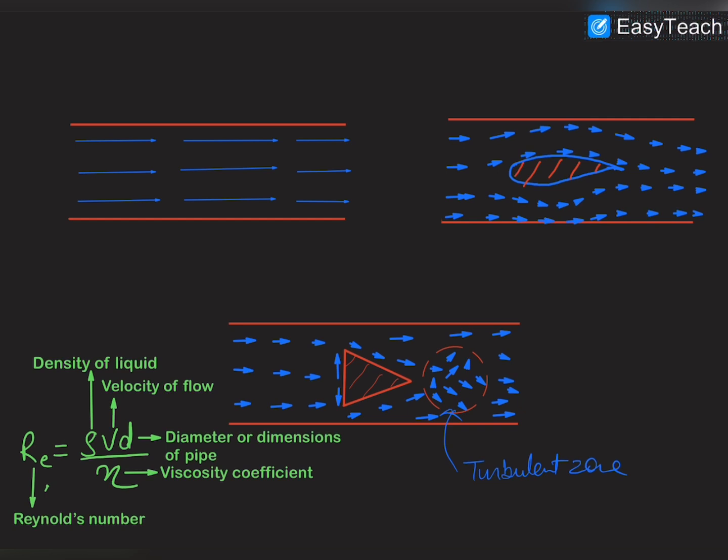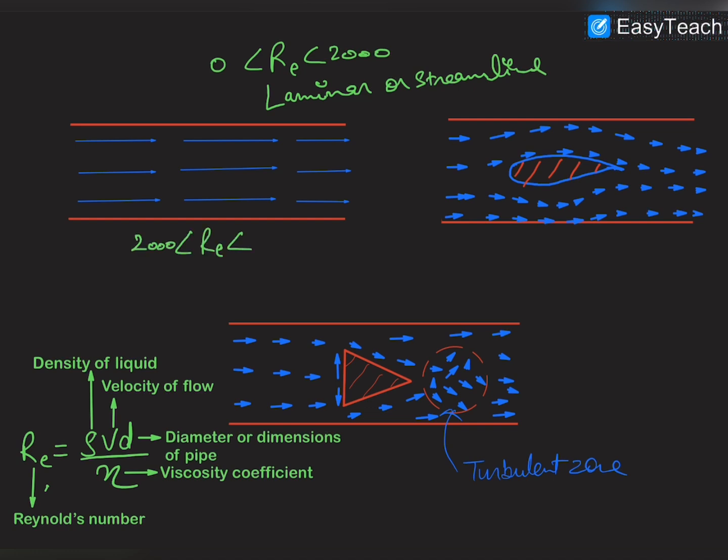If the value of the Reynolds number is between 0 and 2000, then this type of flow is laminar or streamline flow. If the Reynolds number is between 2000 and 3000, then the flow is in transit from laminar to turbulent flow.